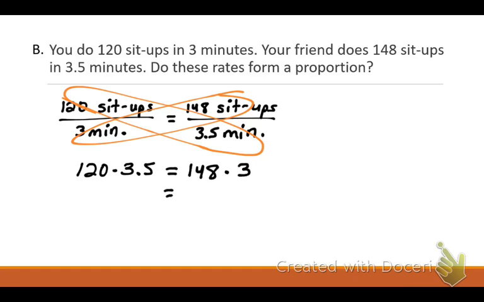Very good. Drop down your equal sign. Haley, what's 120 times 3.5? 420. Nikki, what's 148 times 3? 444. Class, do these equal each other? No, because they do not equal each other. Our correct answer is no, they are not proportional.